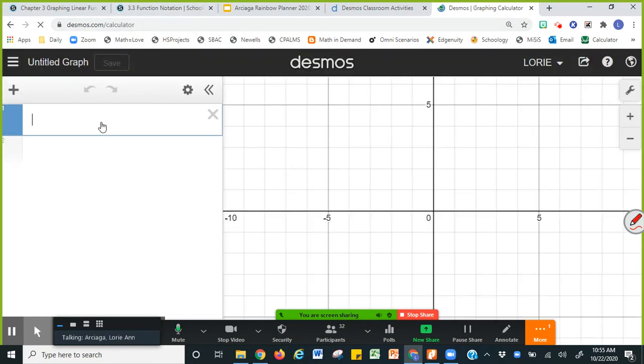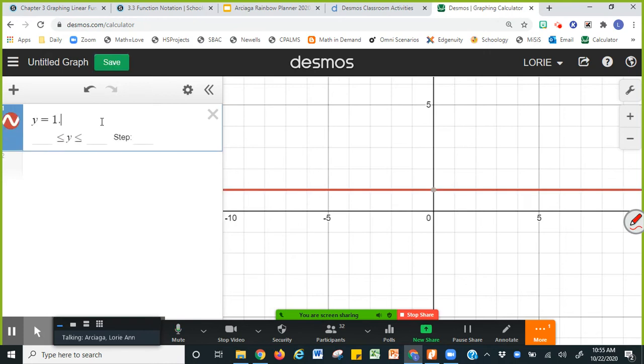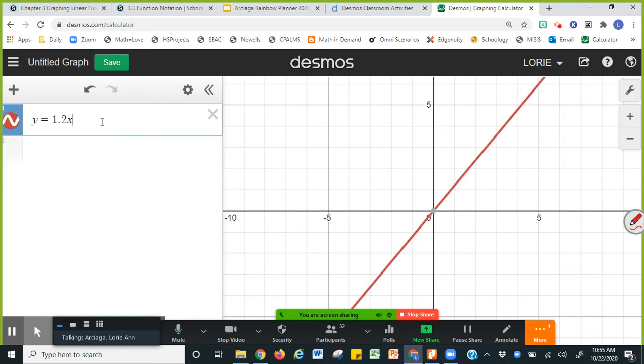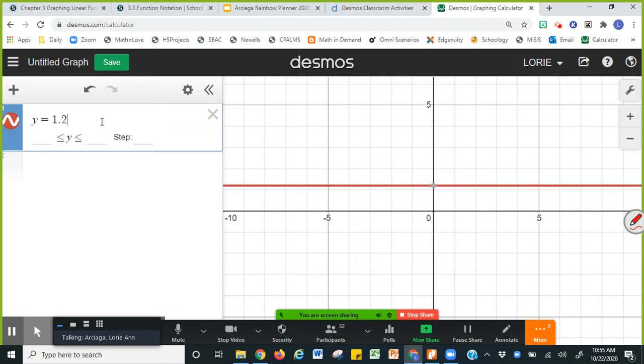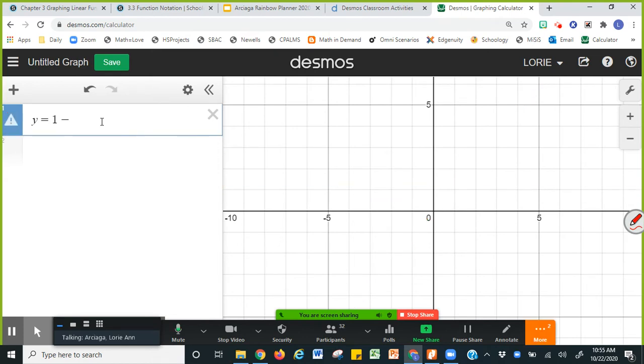Okay, so when you type in decimals, let's say, for example, the one that we were doing now, y is equal to 1 minus 2x. That's it. Okay? 1 minus 2x. So you type it as it is. Okay? If you're doing the museum problem, what was it again?